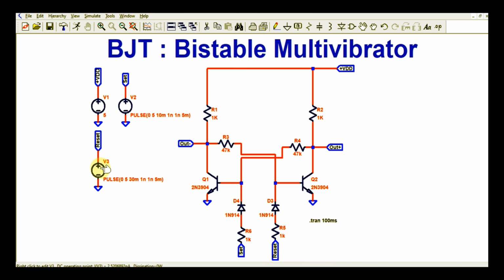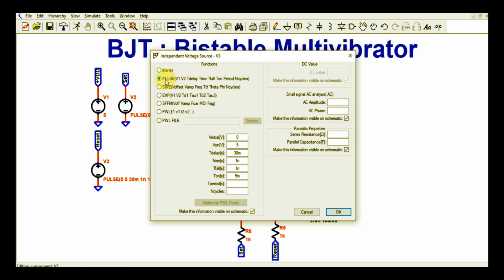For the reset, I have chosen pulse here. Initially it is 0, on voltage is 5 volt, delay is 30 millisecond. That means after 30 millisecond you will have a pulse of 5 volt for a period of 5 millisecond, right?